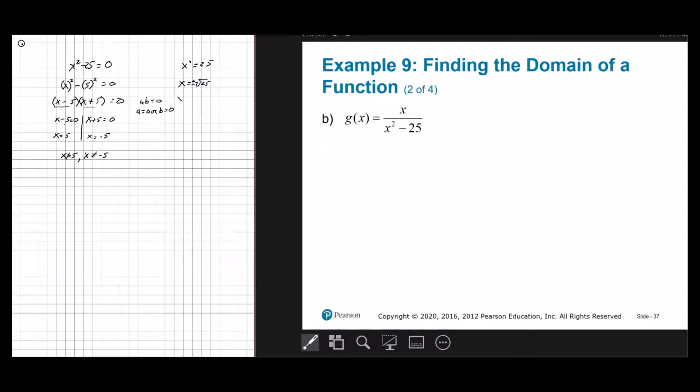So that means x is going to equal plus or minus 5, because negative 5 squared is 25, and 5 squared is 25. So we have the plus or minus thrown in there with the square root of 25. So we get the same two x values that we have to exclude.